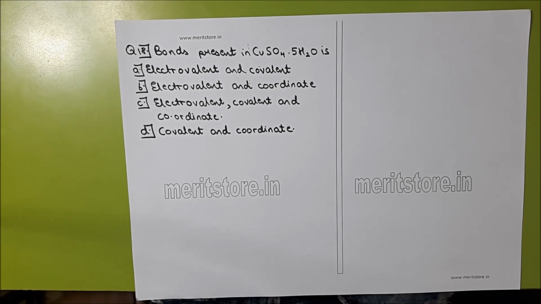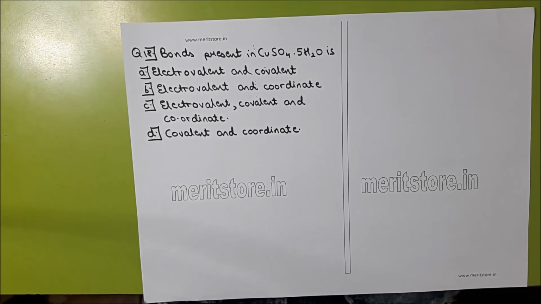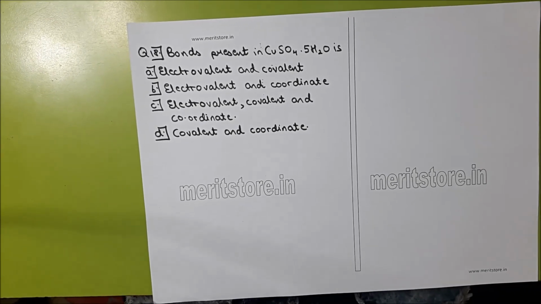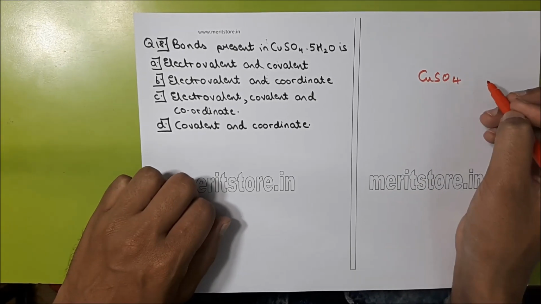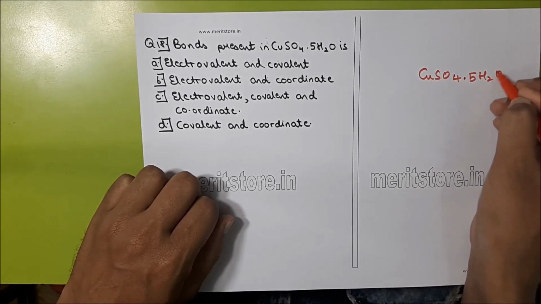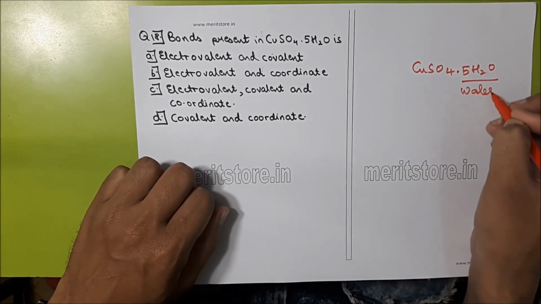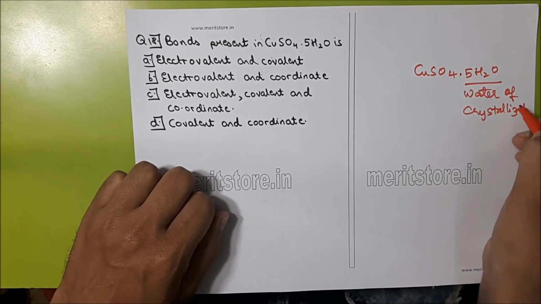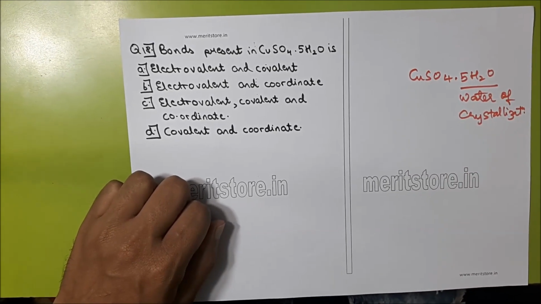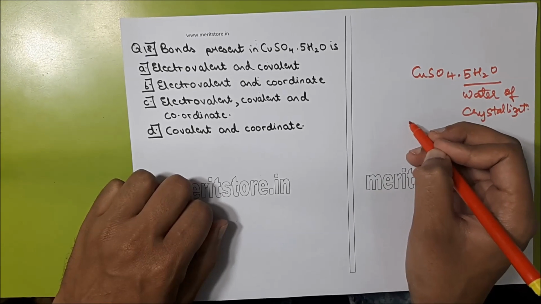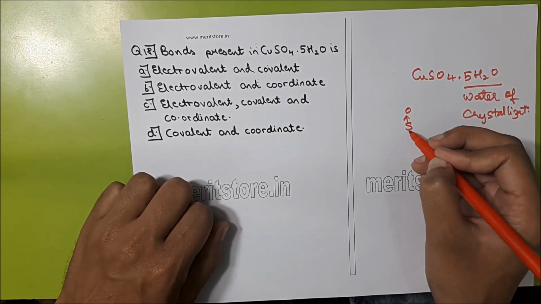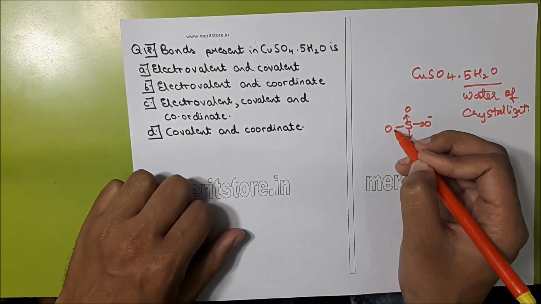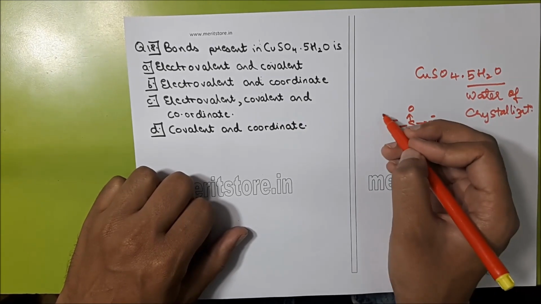Question number 18. The bonds present in CuSO4.5H2O are: A electrovalent and covalent, B electrovalent and coordinate, C electrovalent, covalent and coordinate, D covalent and coordinate. Okay, the given compound is CuSO4.5H2O. The 5H2O is the water of crystallization, which imparts color. It is a complex structure with a central sulfur bonded by coordinate bonds to 3 oxygen atoms and a single electrovalent bond with 1 oxygen atom.